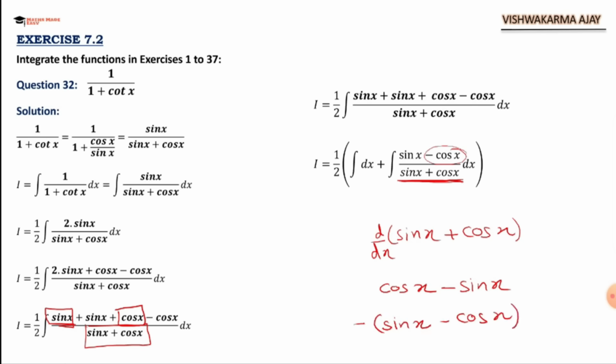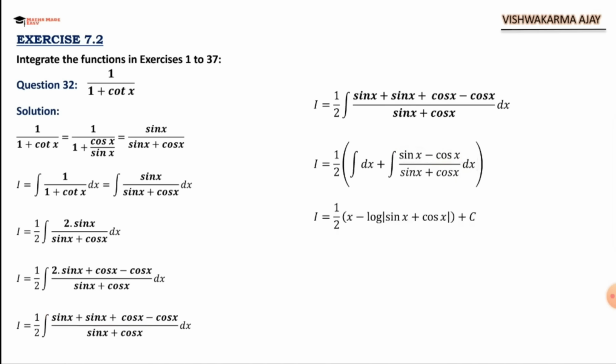So what I intend to do is substitute this as t, and this whole term will be replaced with minus dt, like we did in the first question. So minus dt, it was 1 upon t, negative sign outside, and 1 upon t integrates to log of t.